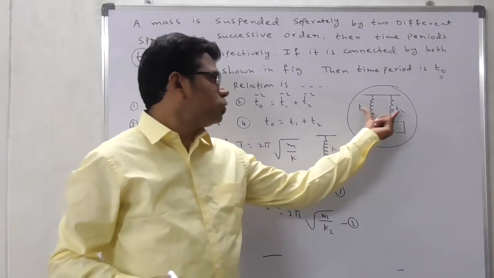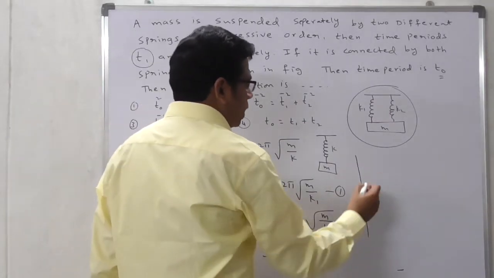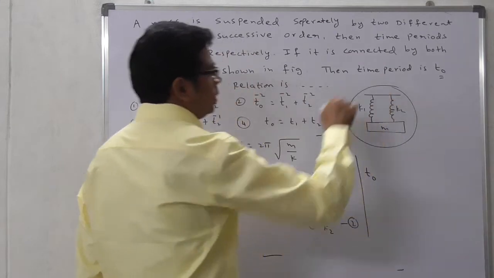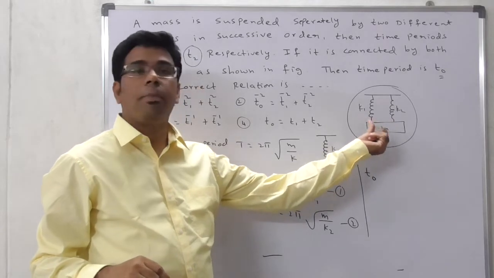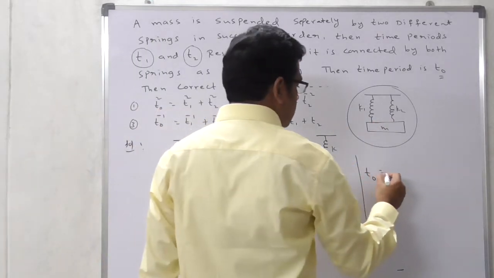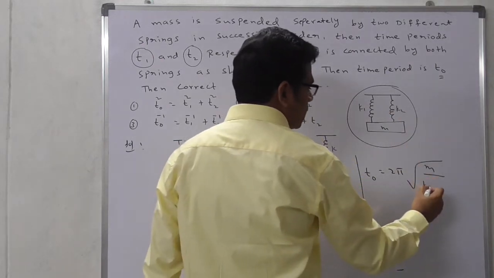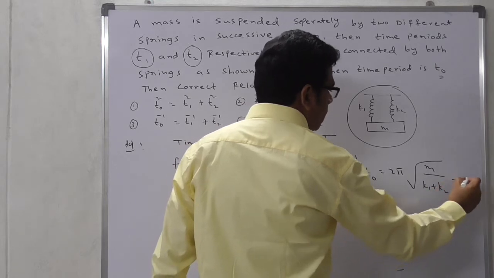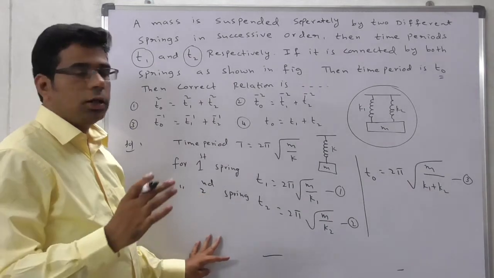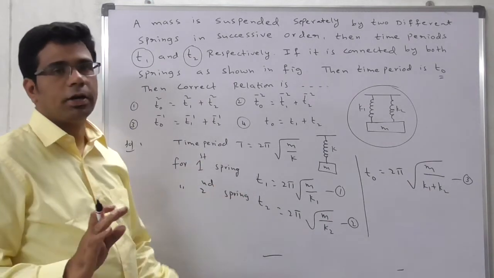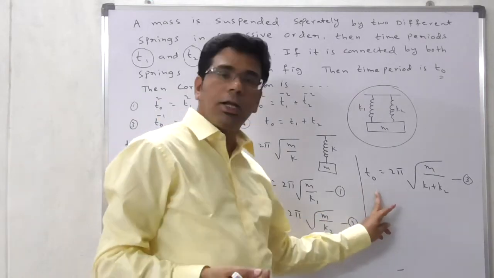Now these two springs are connected in parallel. In the T0 case, the mass is connected by springs in parallel, therefore T0 can be written as 2 pi under root m by K equivalent, which is K1 plus K2. Why? Because the springs are connected in parallel. So all these by using the time period formula. Finished. We have the T1 equation, T2 equation and T0 equation.